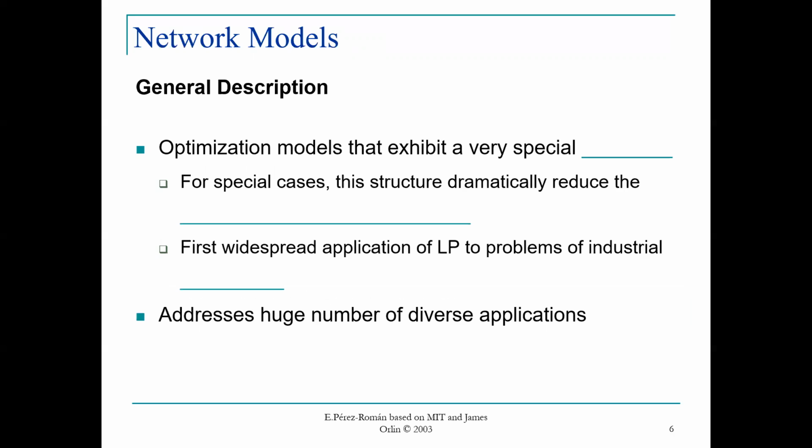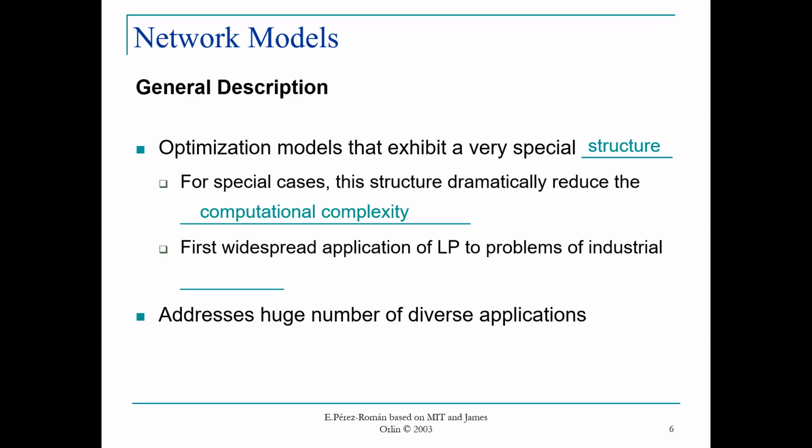It's a general description. Optimization models or network models are optimization models that exhibit a very special structure. For special cases, this structure dramatically reduces the computational complexity, which is what we are trying to achieve when we are using this strategy for formulating the problems.